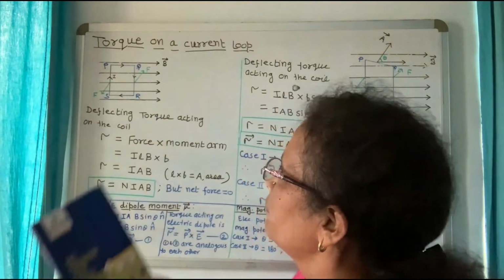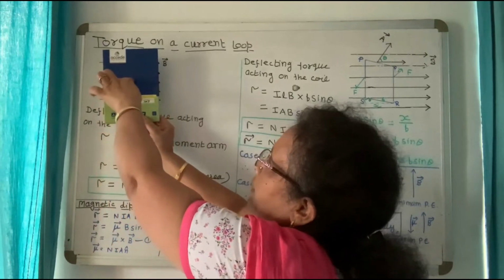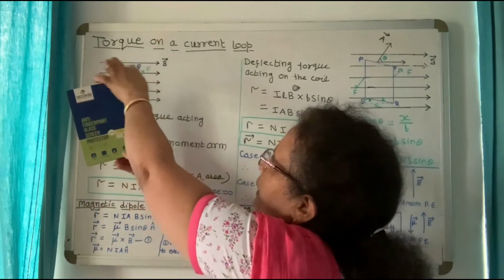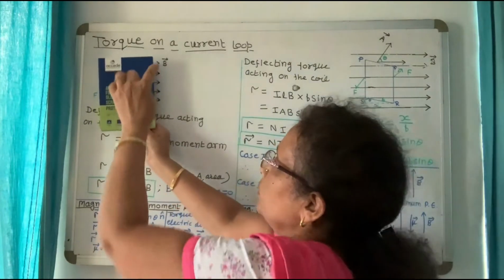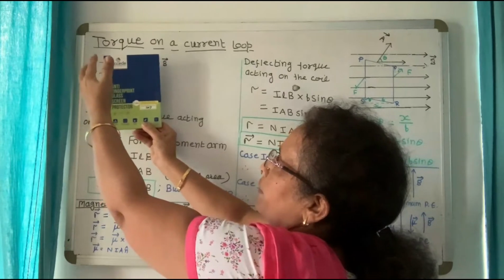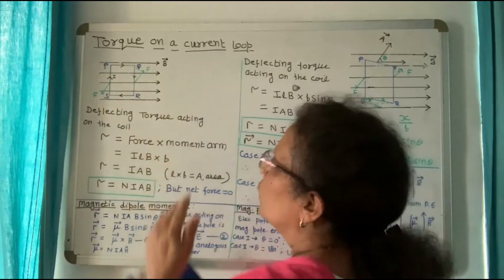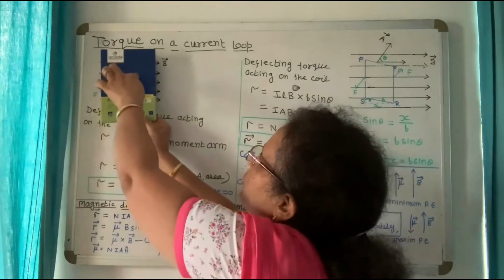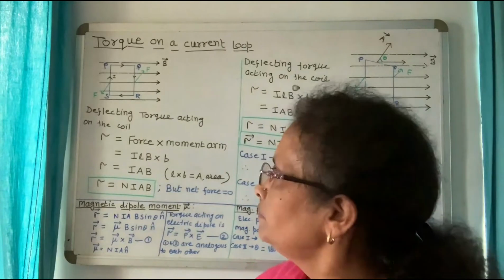The perpendicular to the plane of the coil means the area vector. Length and breadth multiplied gives the area, which is a vector quantity shown by the perpendicular drawn here. So we can say in another way, this coil is parallel with the magnetic field, or the normal of the coil is perpendicular to the magnetic field.